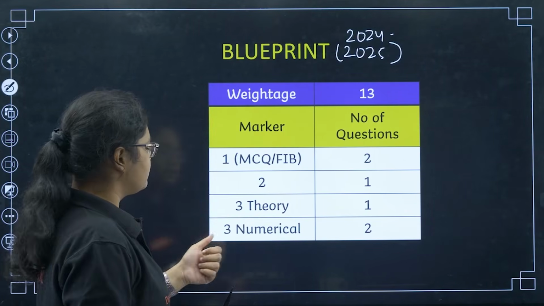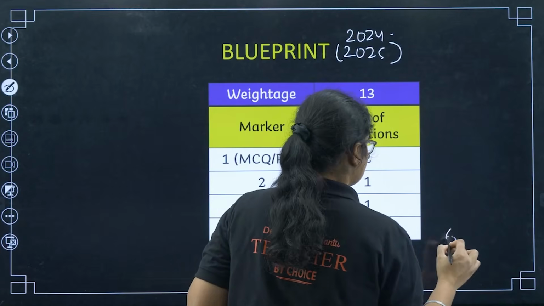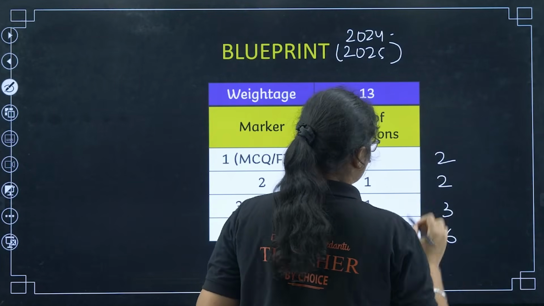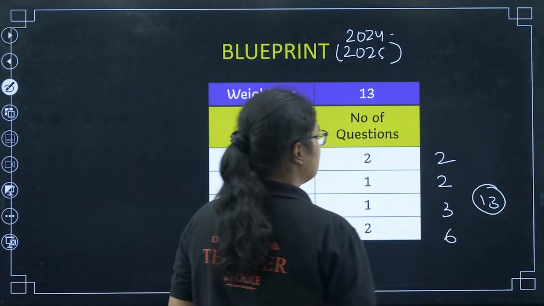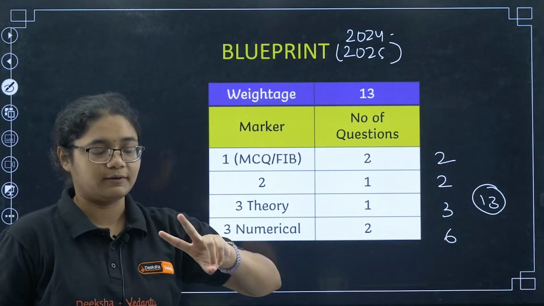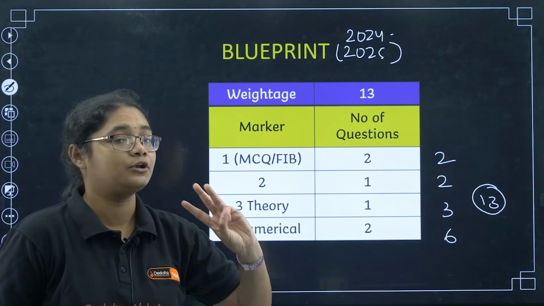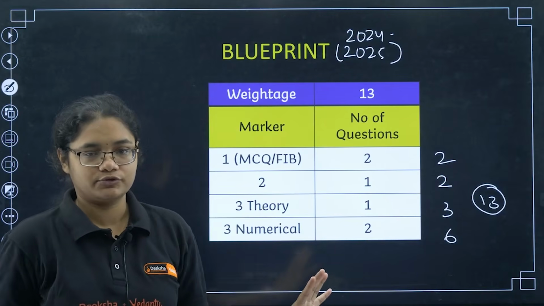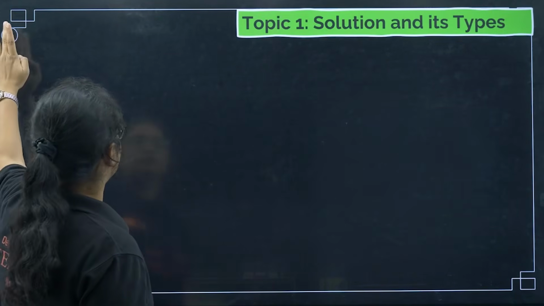So in total, I am getting 6 marks, 3 marks, 2 marks and 2 marks. So the total is 13 marks. So be ready: you will get 1 2-marker theory question, 1 3-marker theory question, 2 3-marker numericals, and 2 MCQs. This is clear. Now let's move to the topics.